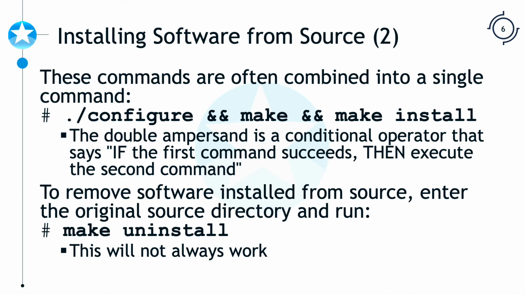We're going to put our ./configure, the make, and make install all on the same line, separated by the &&. The && says only run the next command if the previous one is successful. So assuming the configure is successful, we'll then execute the make. Assuming the compilation is successful, we'll then install.